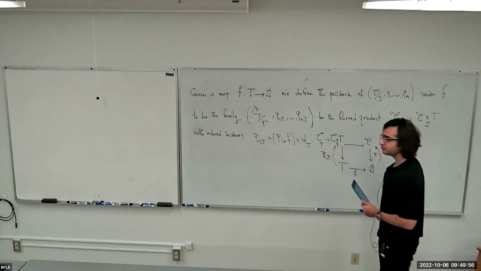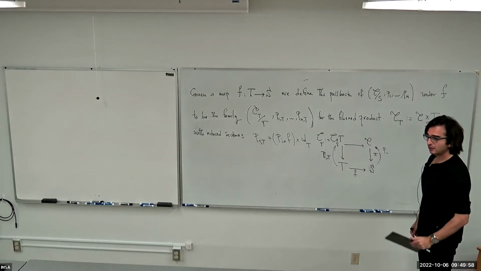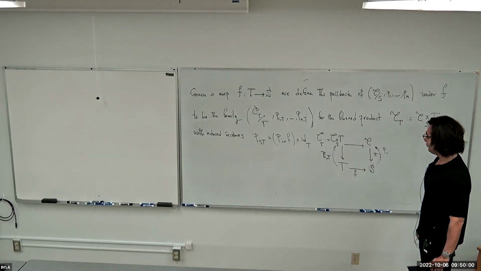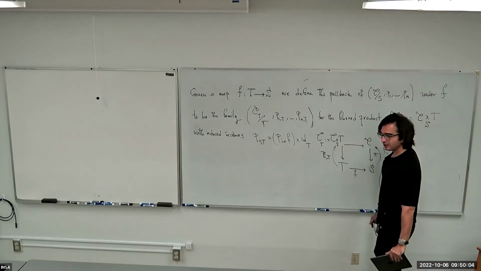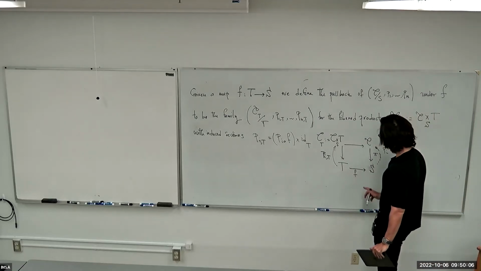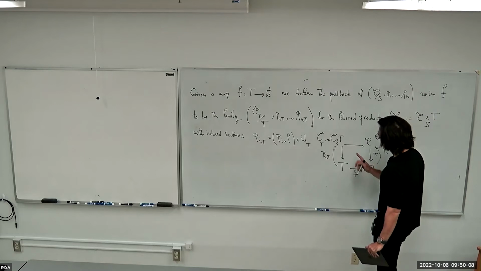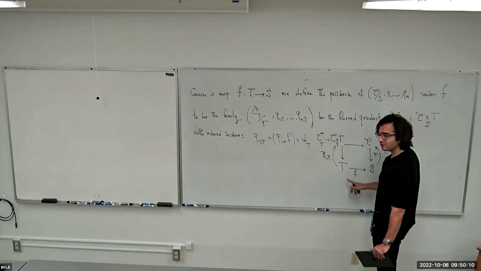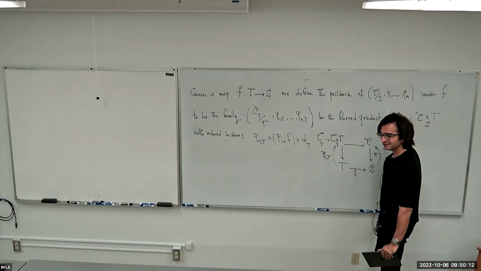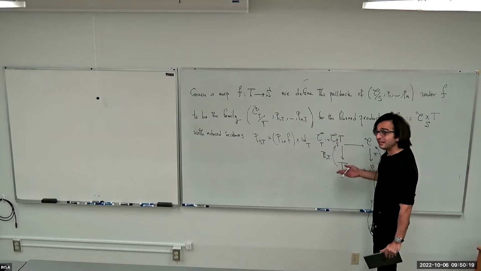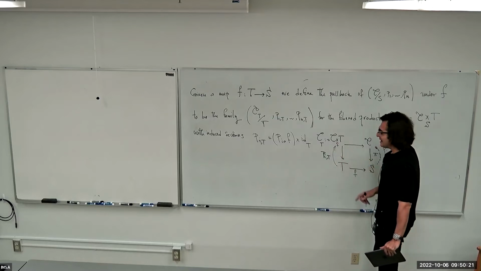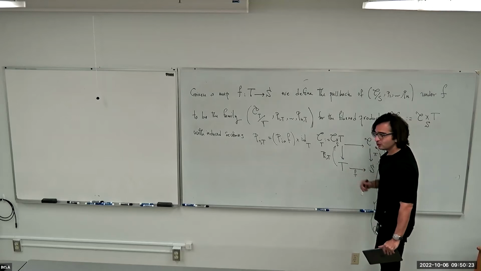Why is it a fibered product? Because you would like this map over T to remember how T is related to S. You can have another family over T. Sure, of course. But that's not what you're interested in.